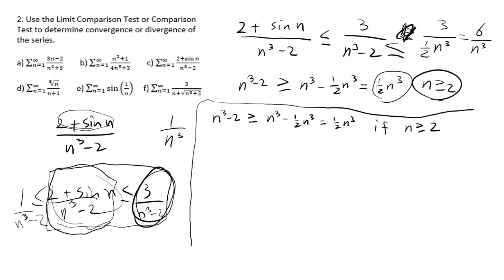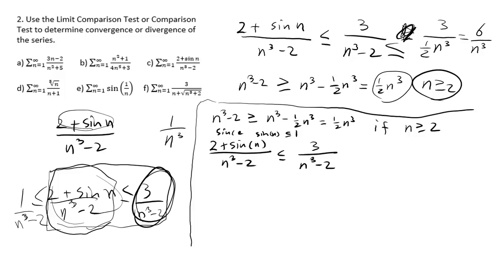Okay, so we start from this, and then we say (2 plus sine n) over (n cubed minus 2) is definitely less than or equal to 3 over (n cubed minus 2), since sine n is at most 1, so we know that's true.